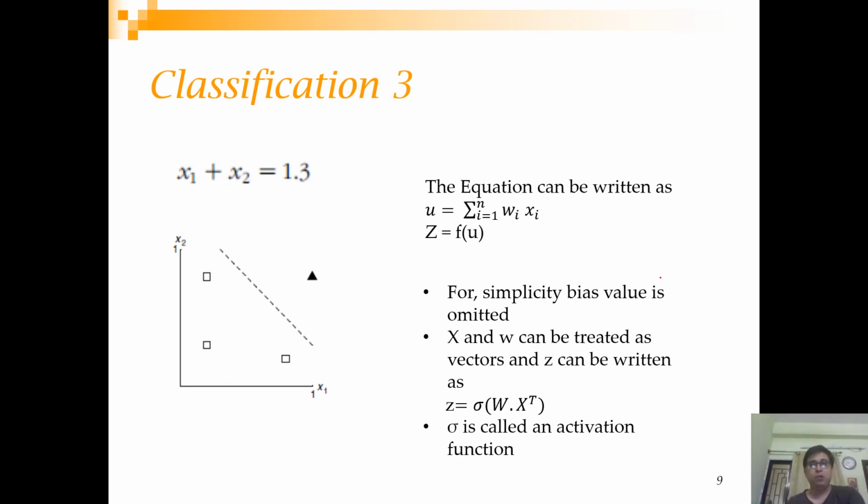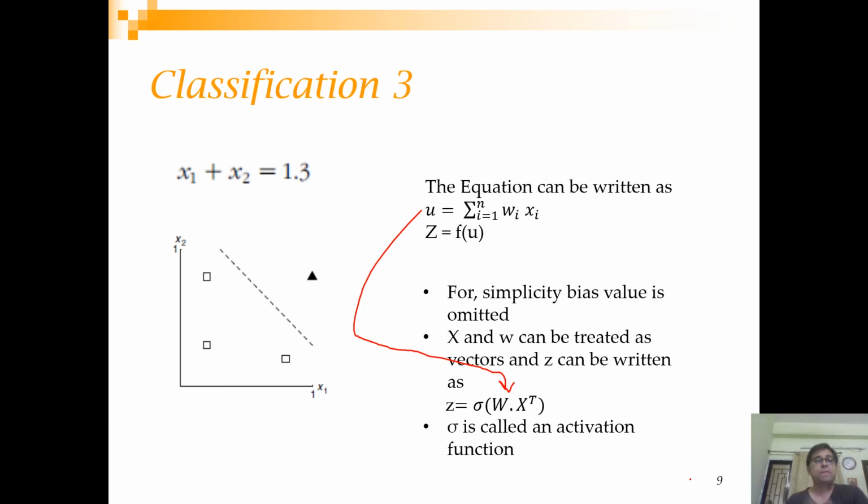X and w can be treated as vectors, which is one of the important things, and this expression can be written as this multiplication, where w is the weight vector and x is the input vector. If you find the dot product, it is the same as this aggregation, and sigma represents the function that you are applying. Right now sigma is nothing but the step function. This sigma has a name, which is called the activation function.